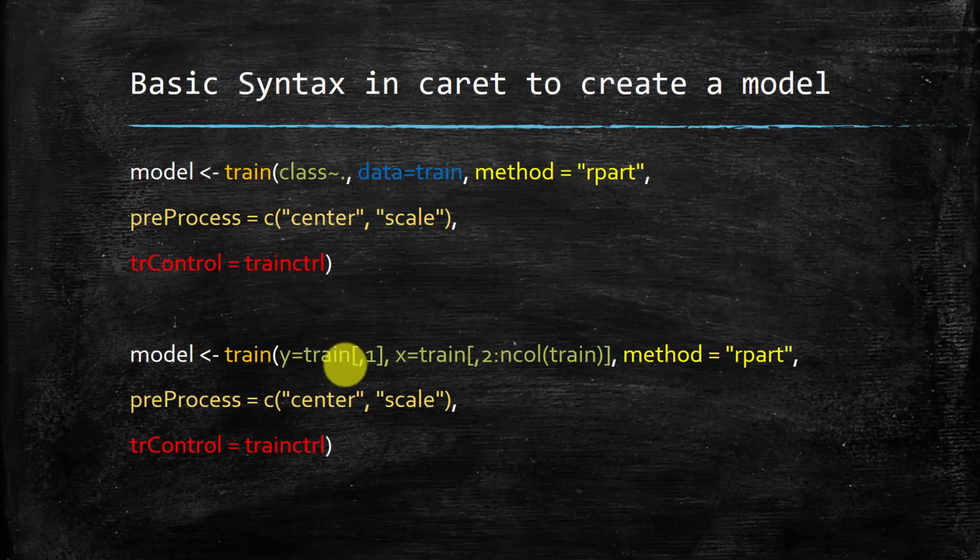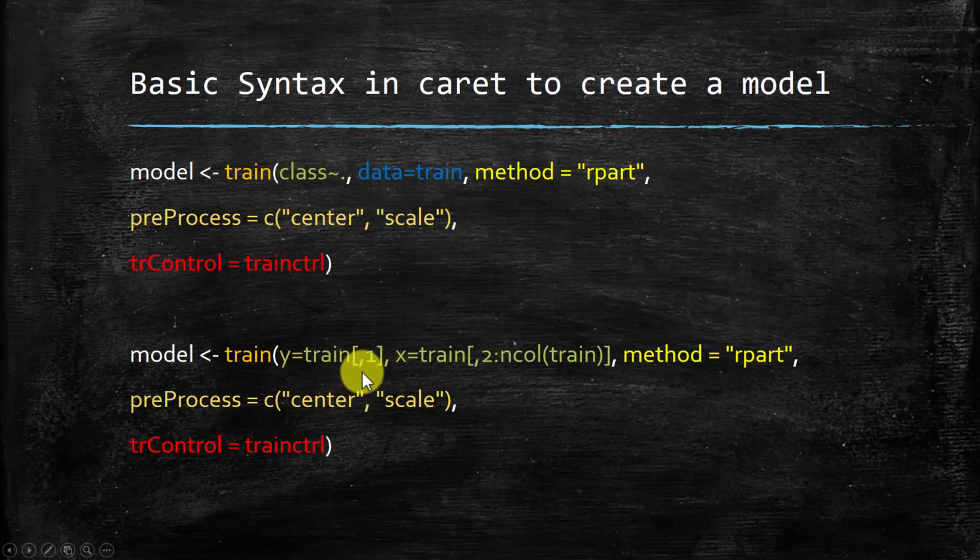The second example here is pretty similar, but we're defining our y and x a little bit differently. This is the syntax I prefer to use. I think it's a little bit more robust. However, the first syntax works also. So note up here we gave it a column that we want to predict and a set of columns that we're going to use to predict it, in this case all of them, and those columns are coming from a table.